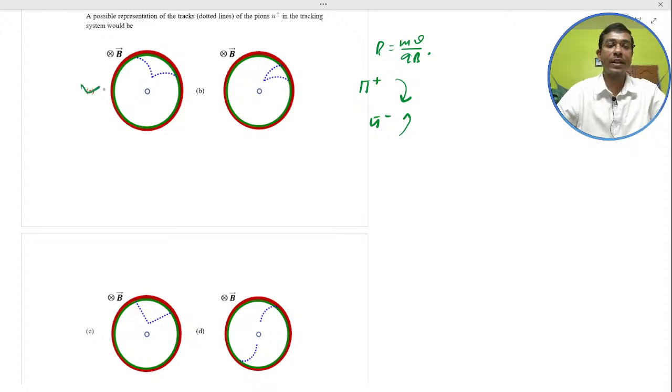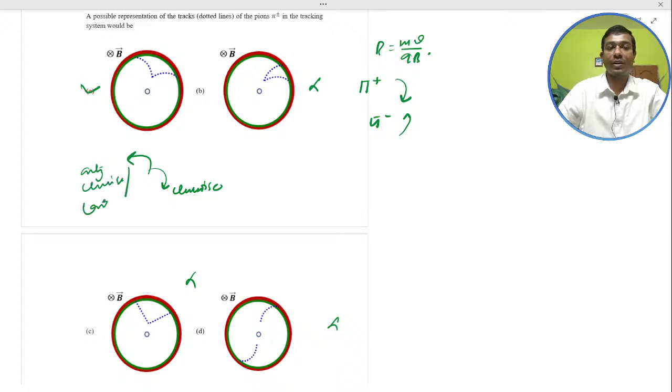So here option A should be correct, because these two are symmetric. This will not be, because these two are in the same direction. Here this will be the one, one is clockwise and the other anti-clockwise or counterclockwise.